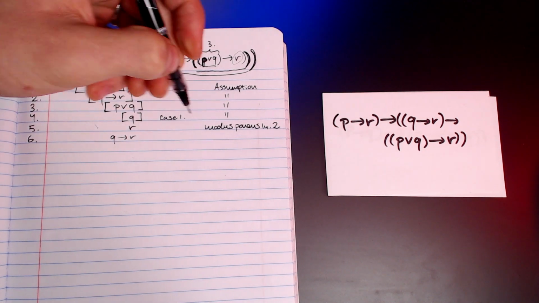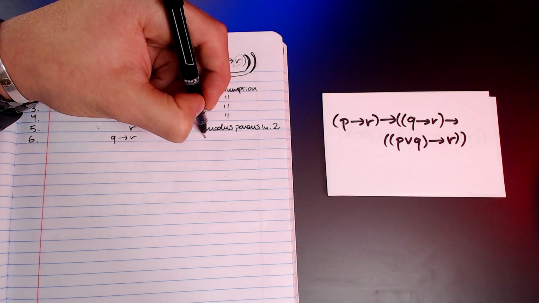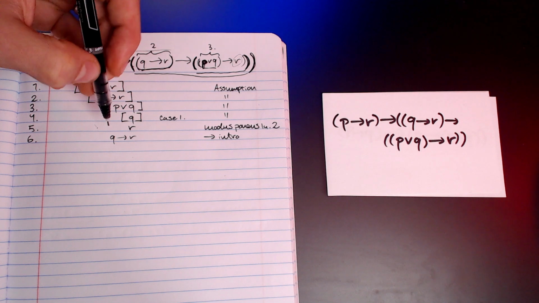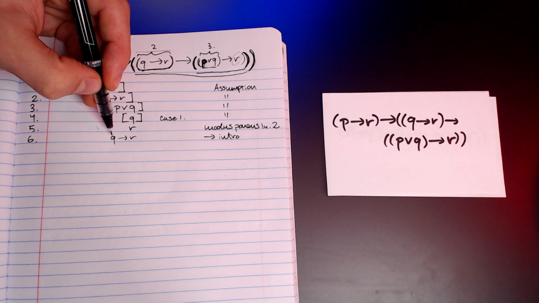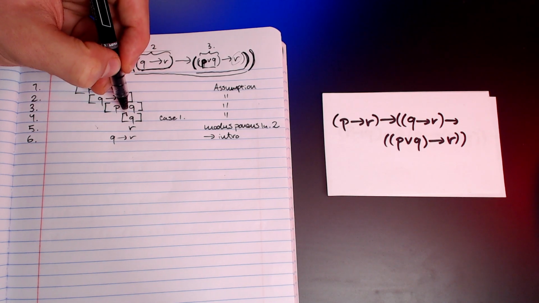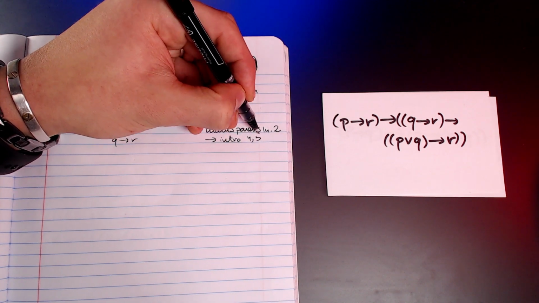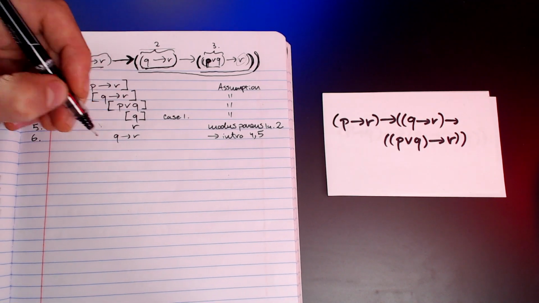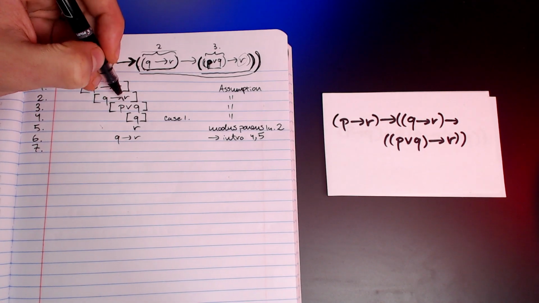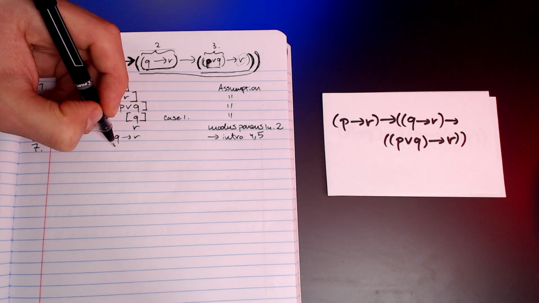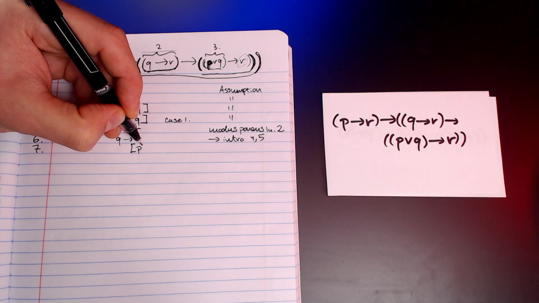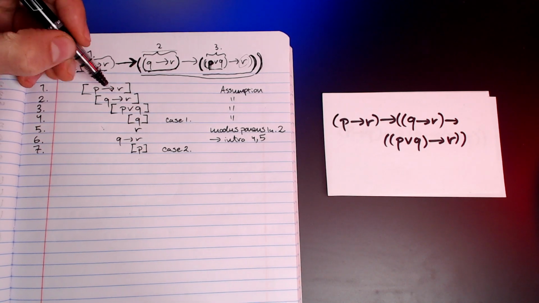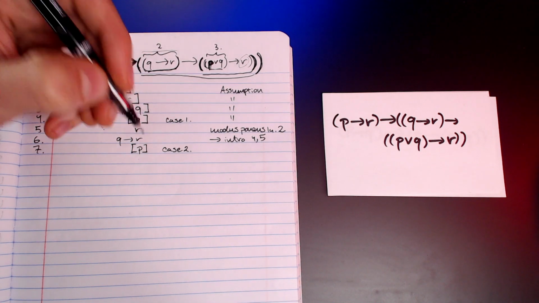But let's just say it anyways, being a little redundant. This is conditional introduction 4 and 5. But it's really just copied over from 2 as well. So anyways, let's move on to the other case, which is if P is true, then from line 1 we have that R is true.